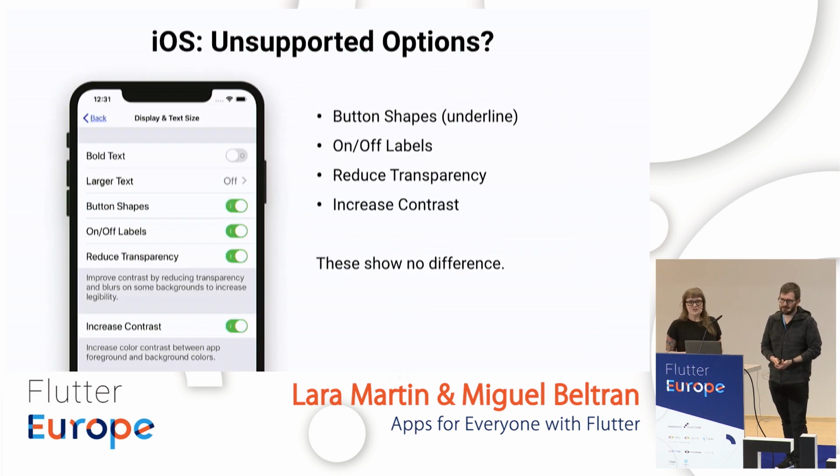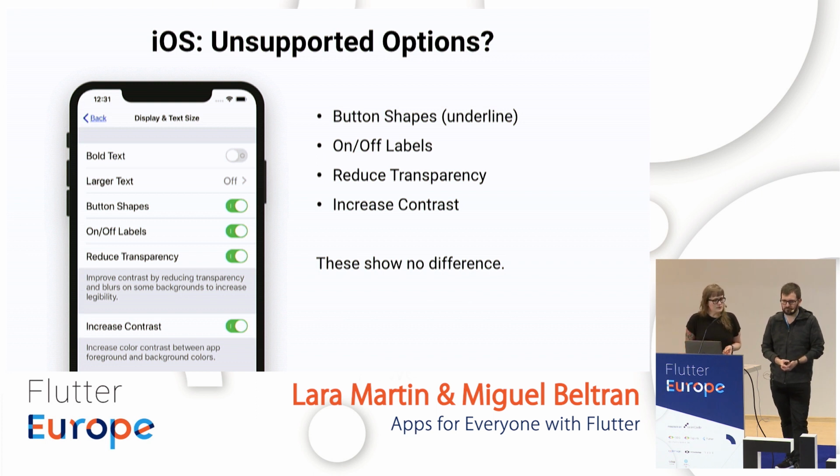And then we also discovered that there's a lot of unsupported options on iOS. For example, the button called button shapes, which underlines buttons to make clear that they are clickable. An option to display labels on actionable items like switch boxes, and this displays either a 1 or 0, I think, to say whether they are enabled or not.